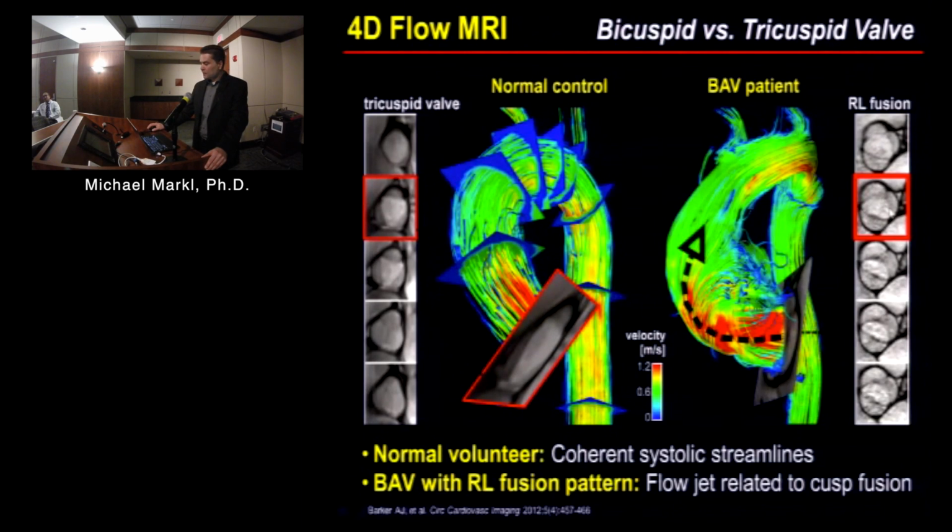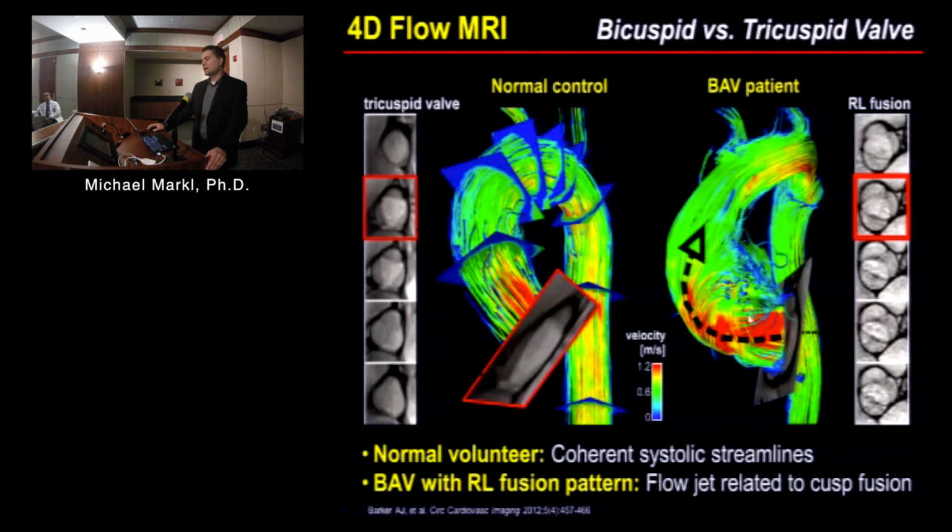And you can imagine if you compare this valve to that valve, it doesn't open as much. So it's a little bit like a narrowing. Although I want to point out this would be considered a normal bicuspid aortic valve. This patient does not have a stenosis or wouldn't be considered to have a stenotic valve. But nevertheless, if you look at the blood flow patterns, they're strikingly different. And in particular, you see this flow jet exiting the valve and then hitting the wall here.